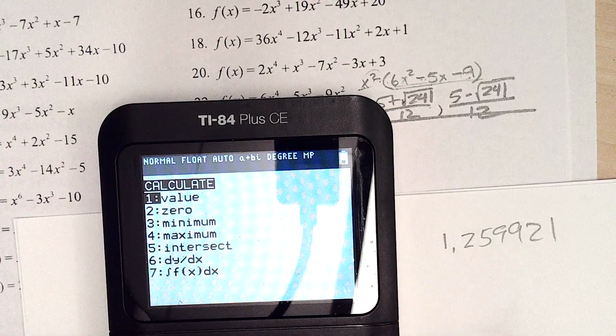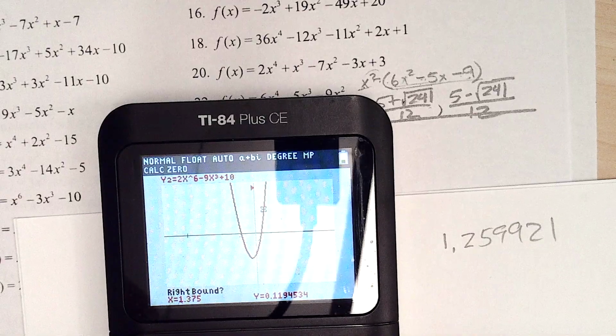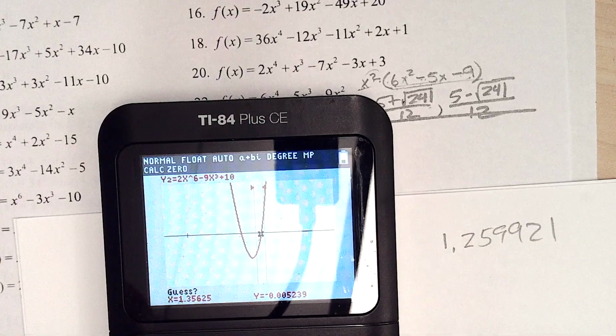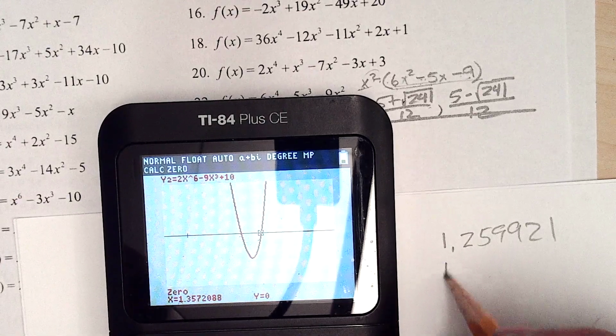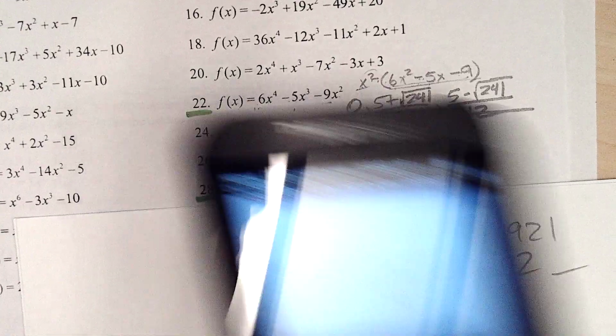Second, calculate the 0 that's between here and here, go back, and it says it's at 1.3572, blah, blah, blah, blah.